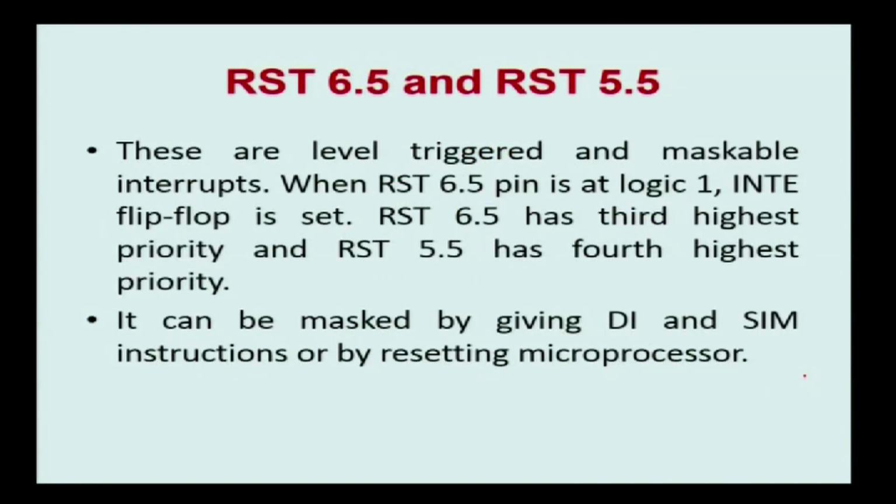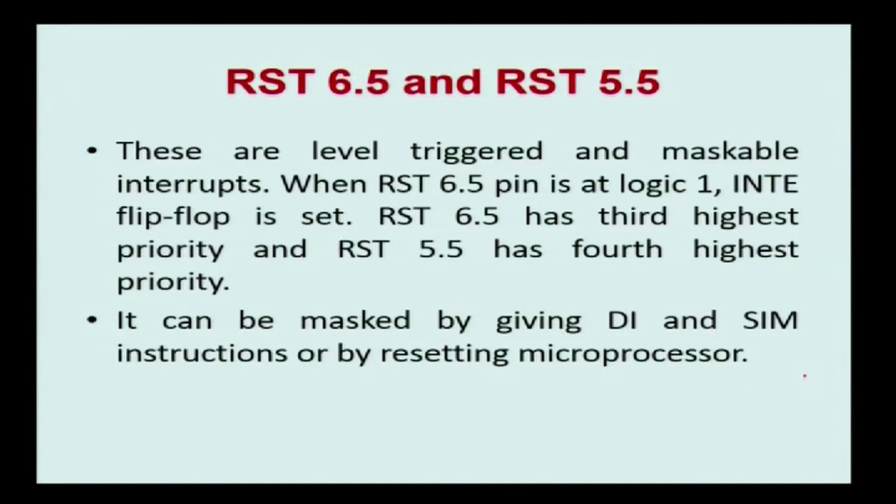Next interrupts are RST 6.5 and 5.5. These two are maskable interrupts, both are the same, both are level triggered interrupts. RST 6.5 has the third priority, RST 5.5 is the fourth priority. From trap, RST 7.5, 6.5, 5.5 the priority level is reduced.